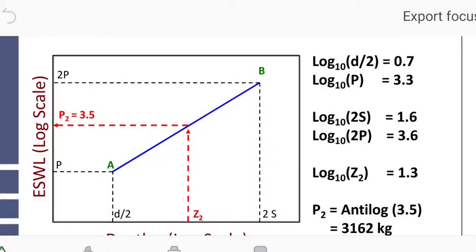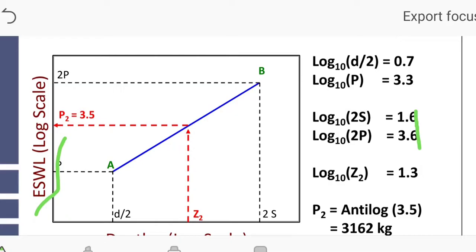Here you can take either a log-log graph, or a normal graph, with the x-axis the depths and the y-axis the equivalent single wheel load.